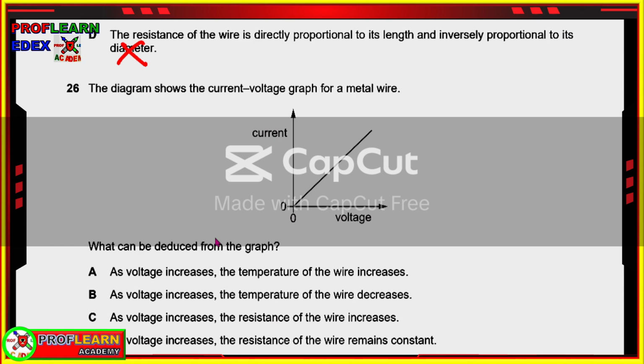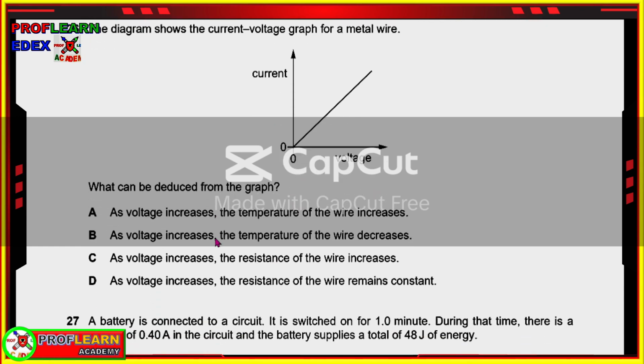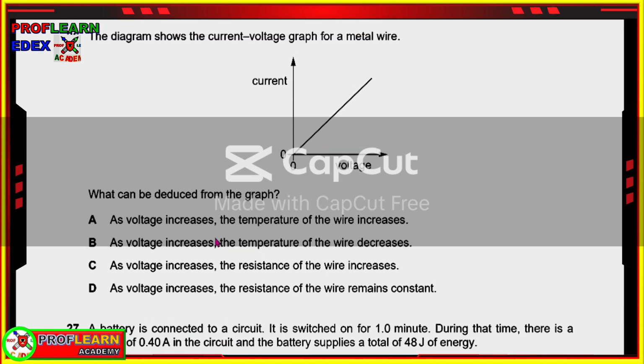The diagram shows the current-voltage graph of a metal wire. What can be deduced from this graph? For question number 26.